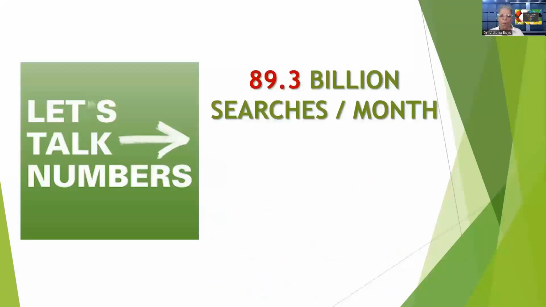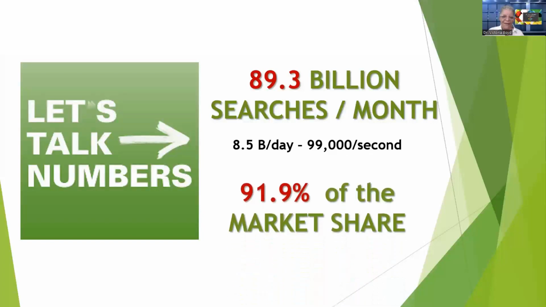First of all, why you want to pay attention to Google. Every month, there's 89.3 billion searches on the Google platform. It competes with Bing and Yahoo and all of those other search engines. But what makes it crazy is that it has 91.9% of the market share.